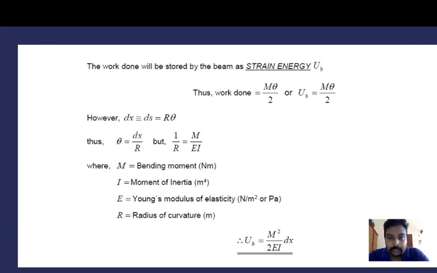Therefore U_B is equal to half M theta. Since 1 over R is equal to M divided by EI, you can multiply everything with theta as well as M. So you have M times theta, where theta is equal to dx divided by R, and 1 over R you can write as M over EI.